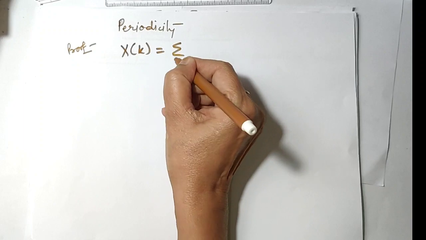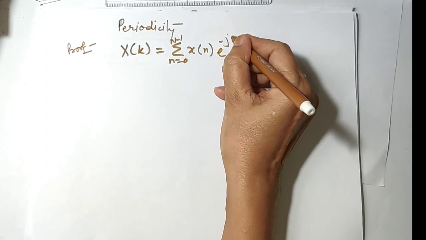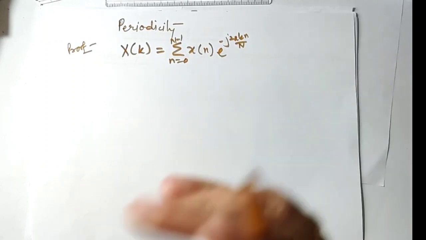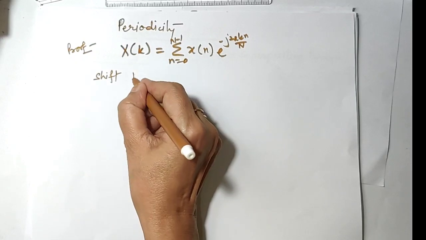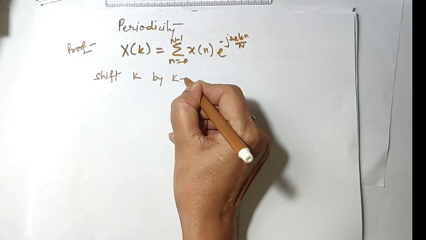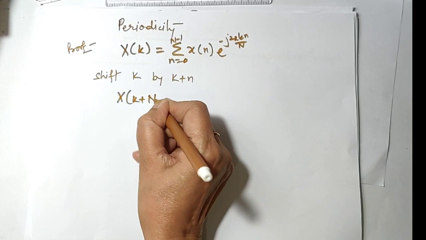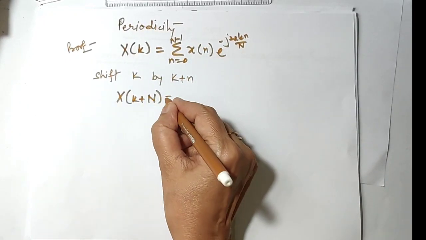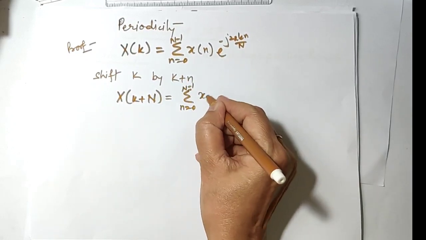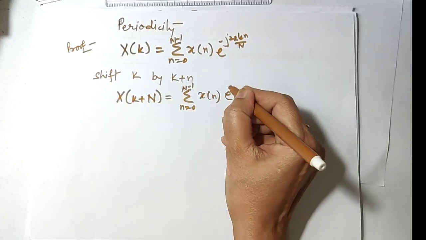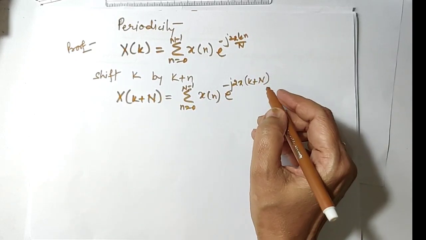In X(k), we have this value, and we shift k by k plus N. In this we are shifting, so the equation becomes the sum from 0 to N minus 1 of x(n) with e to the power minus j 2 pi, and we substitute k plus N and n.